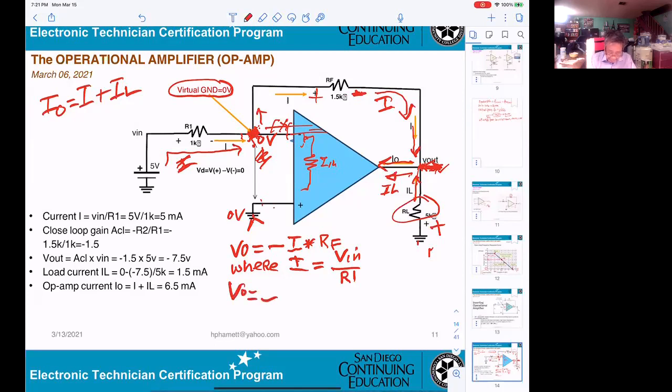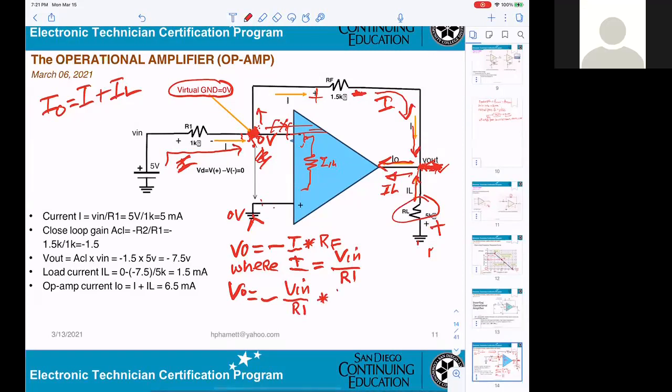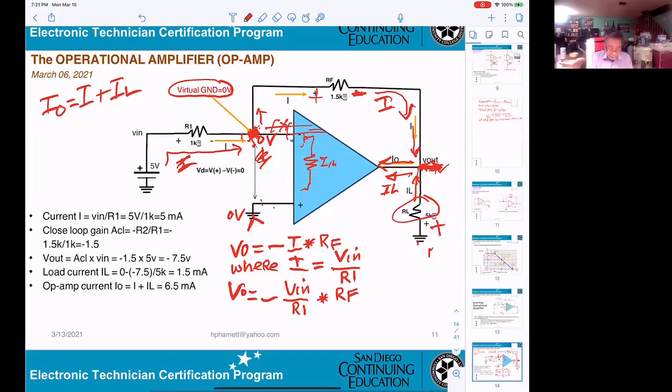So now you can substitute I into V out. Minus, I use V in divided by R1 times RF. Okay, and if you want to calculate the gain, ACL, that means closed loop gain, it equals V out divided by V in, and that equals minus RF divided by R1.